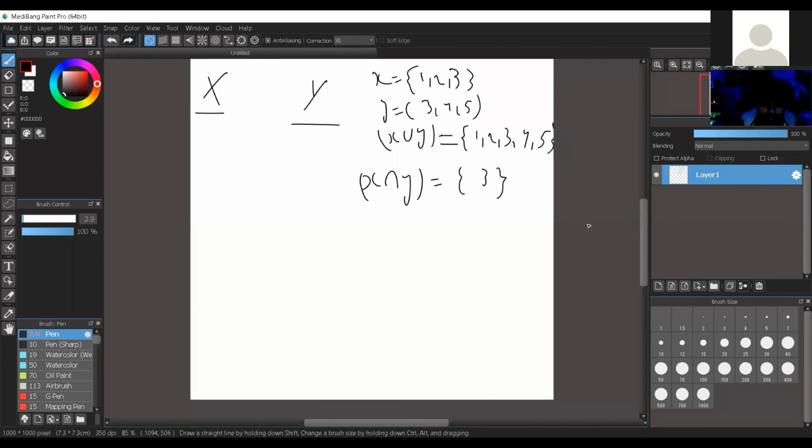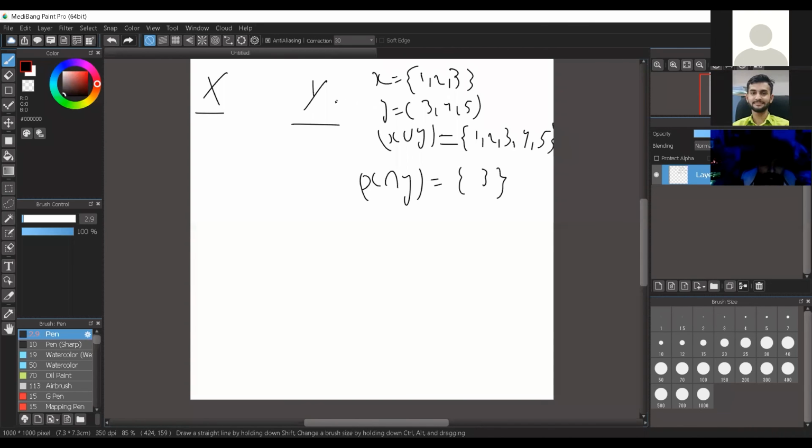Okay, so now see, everyone, you can see there are two sets here. Set 1 is X, set 2 is Y. Set X has three elements, 1, 2, and 3. Set Y also has three elements, 3, 4, and 5. As you know, in a set no element can be repeated.